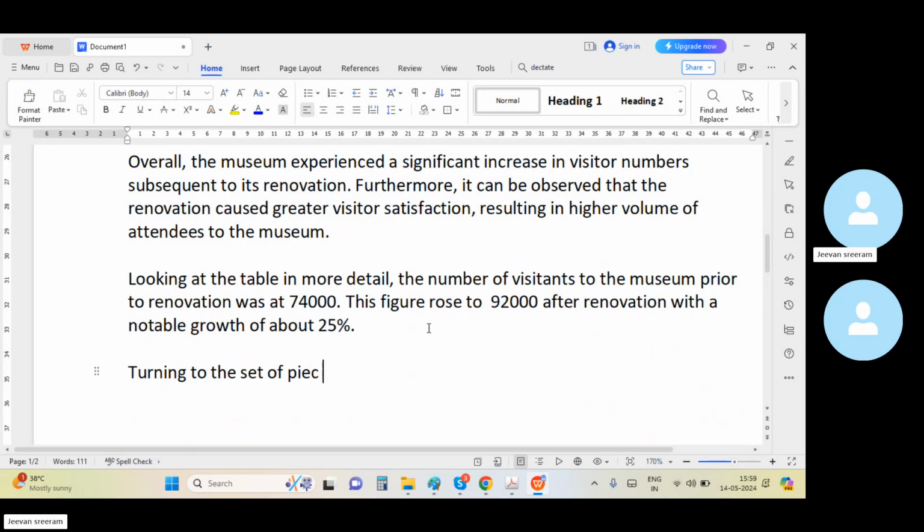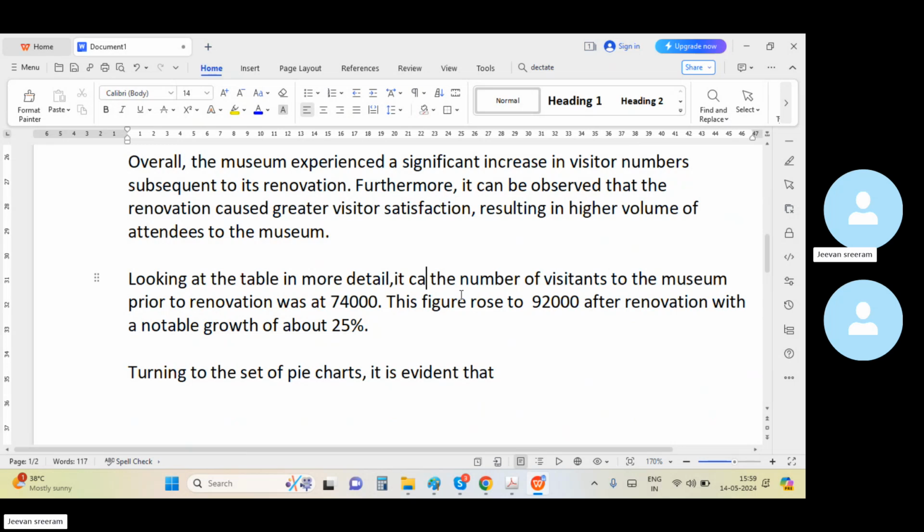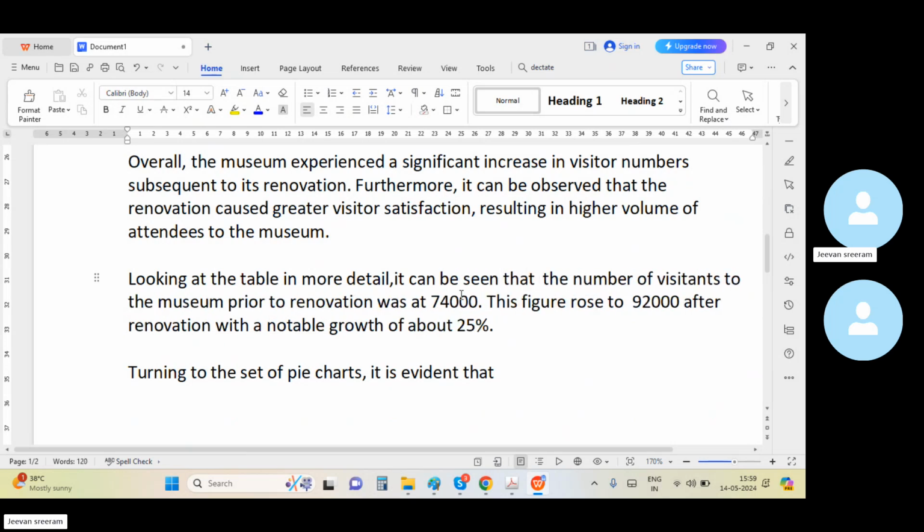It is evident that... that would make the related sentence more meaningful. These are basically some standard phrases, you can actually memorize them. In the first body paragraph, looking at the table, whatever you can see. In the next body paragraph, turning to the set of pie charts, it is evident that.